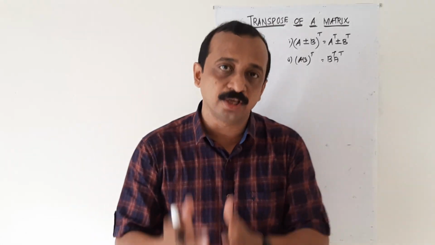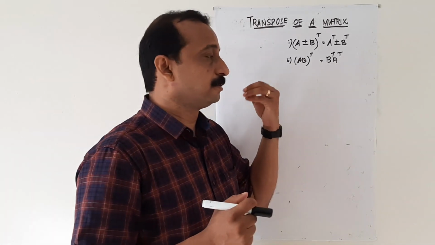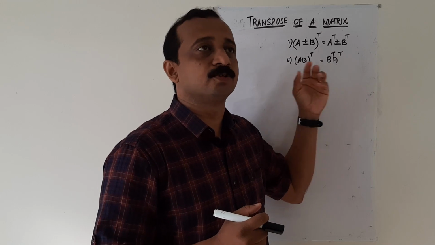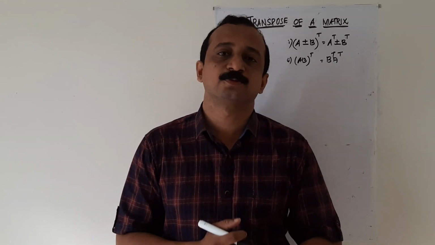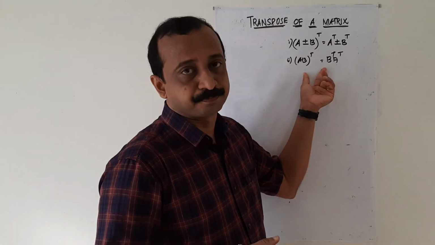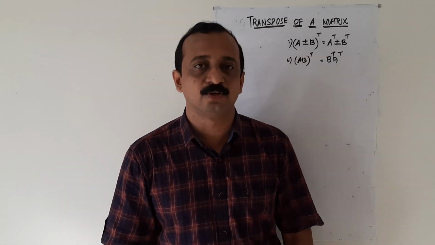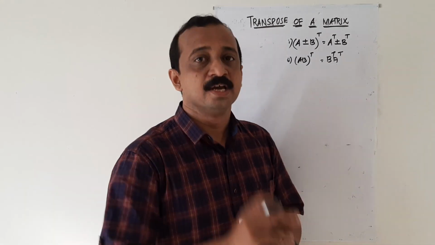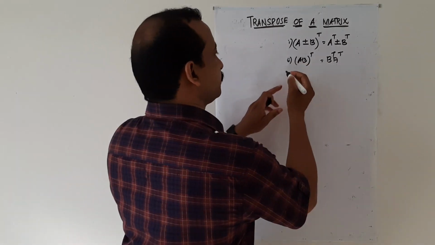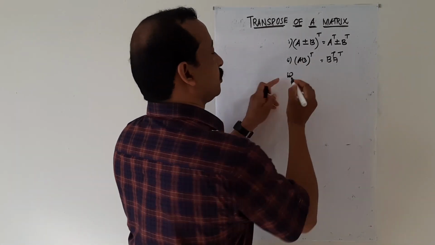That means AB is not equal to BA, so writing A transpose and B transpose in that order gives a wrong result. The correct answer is (AB) transpose equal to B transpose into A transpose. This is the second property.